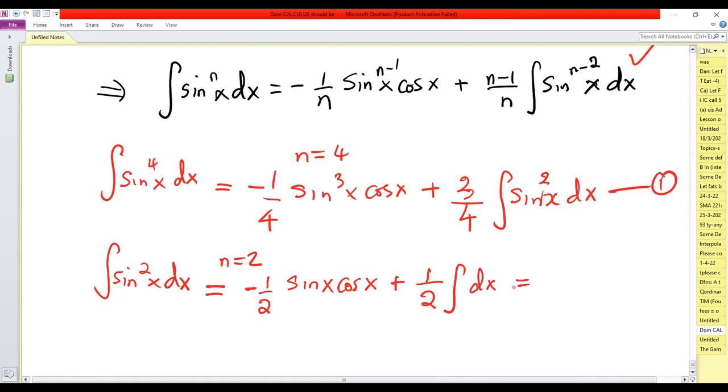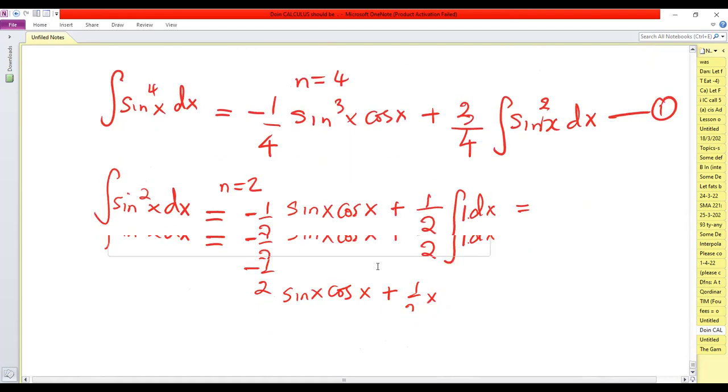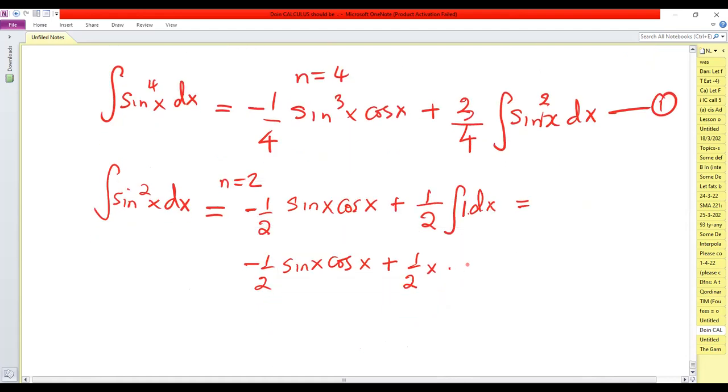That will be negative 1/2 sine of x cosine of x, and then plus 1/2 x. Remember, the integral of 1 dx is given by x. So if I call this one, I say plus c naught, equation 2.